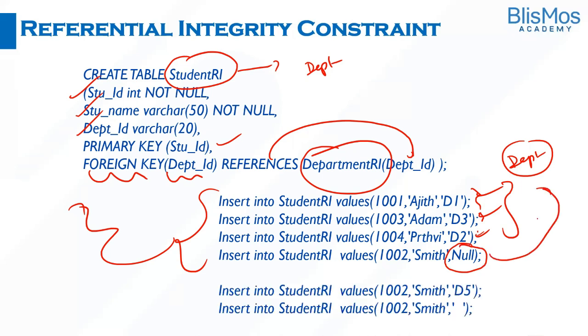But if you want to insert a record with D5, that is not allowed as a part of referential integrity. Wonderful. We understood what referential integrity is and its importance. Let us deepen our understanding with a hands-on example.